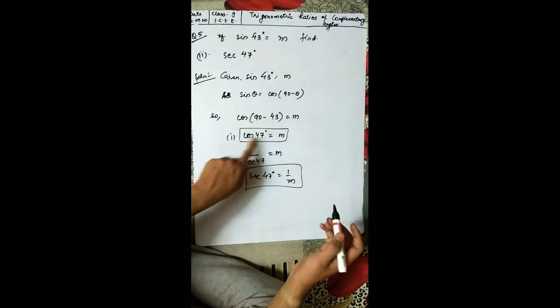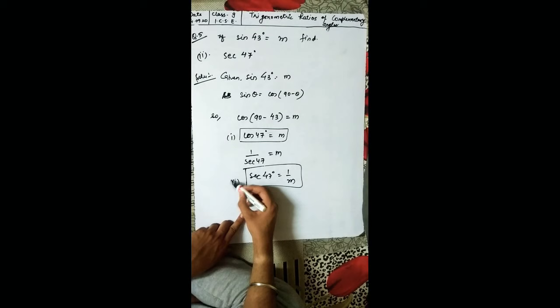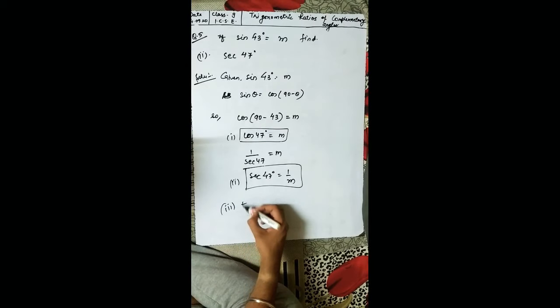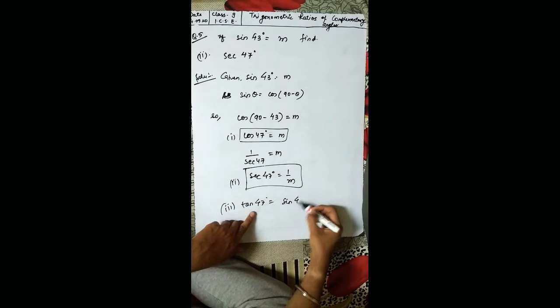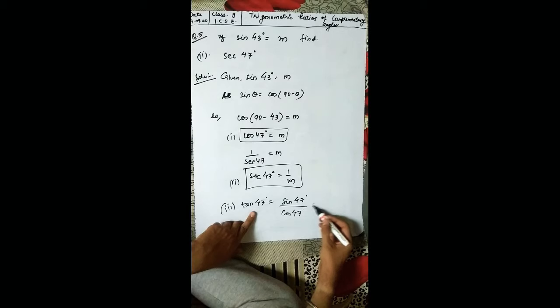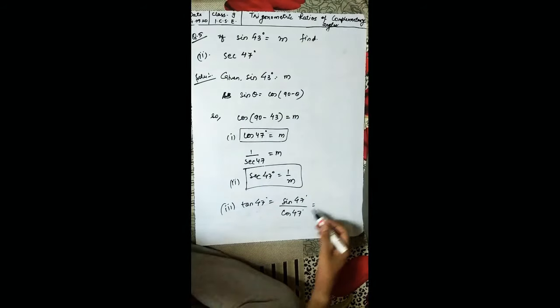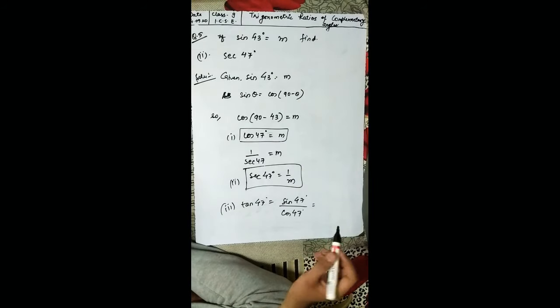Because you were asked cos 47, it is equal to m. Then this is the answer of the second. And third, they are asking tan 47. I think you can understand tan 47 is nothing but sin 47 upon cos 47. Sin 47 we don't have, so one relation we are going to use.